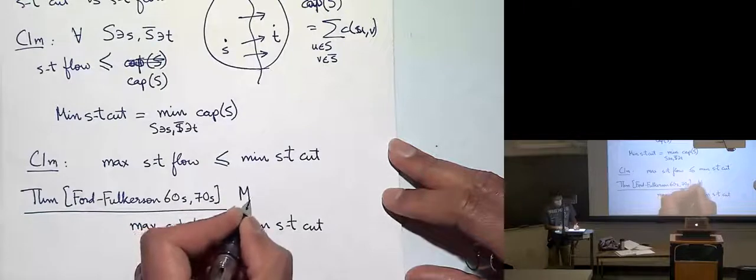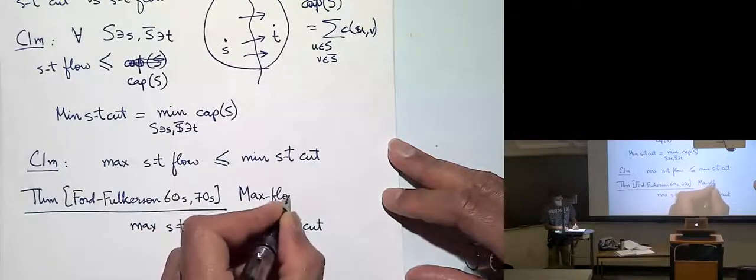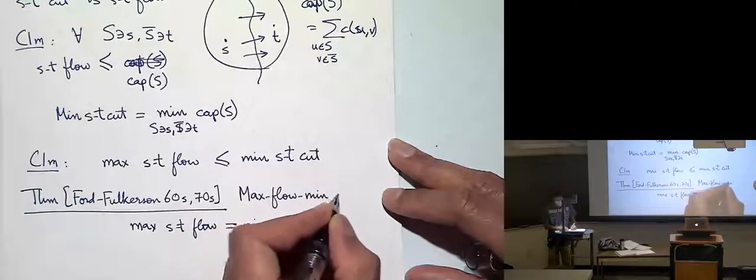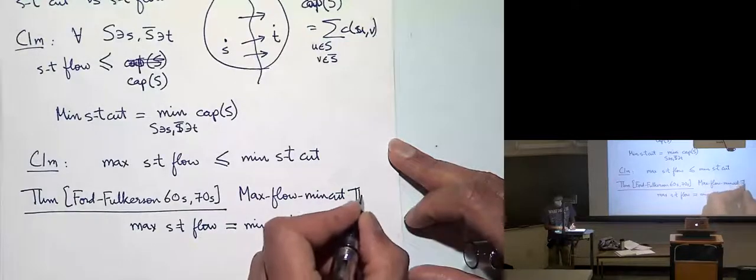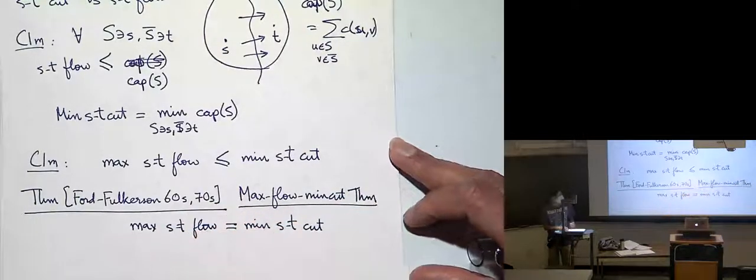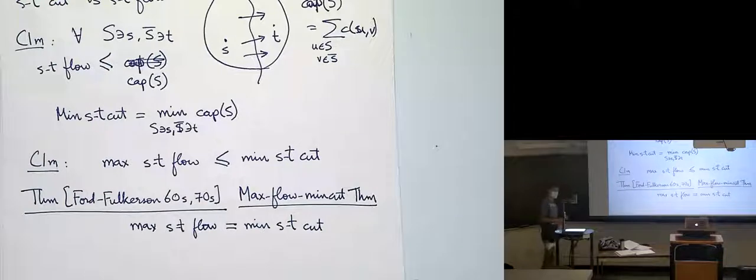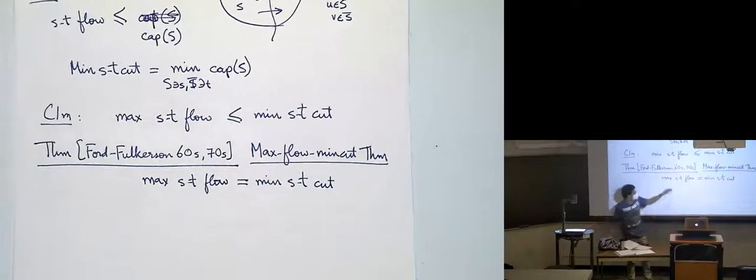And this is known as the max flow min cut theorem. This is remarkable because this is only giving an upper bound. There's no reason why you should be able to send that much flow. But the max flow min cut theorem says you can actually send the min cut.